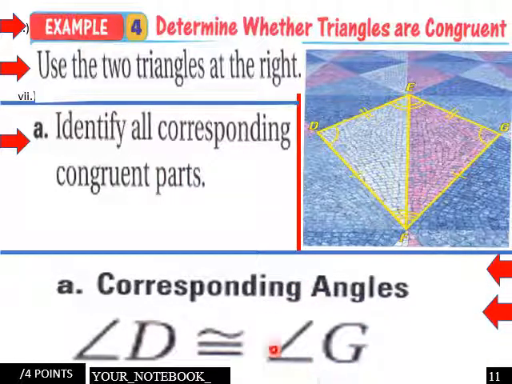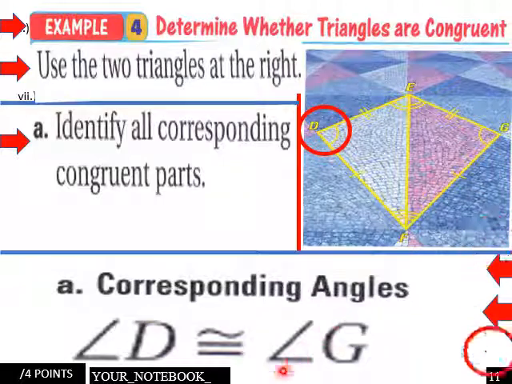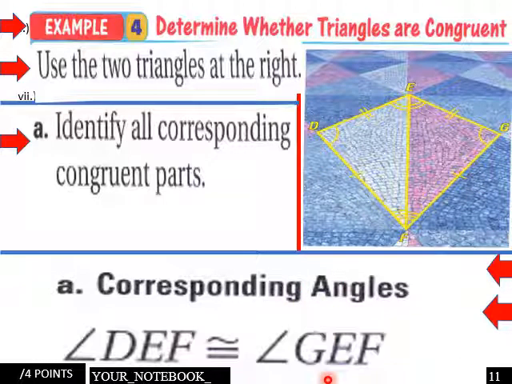Corresponding angles would be angle D is congruent to angle G. Angle D is congruent to angle G right here. And then angle DEF is congruent to angle GEF.